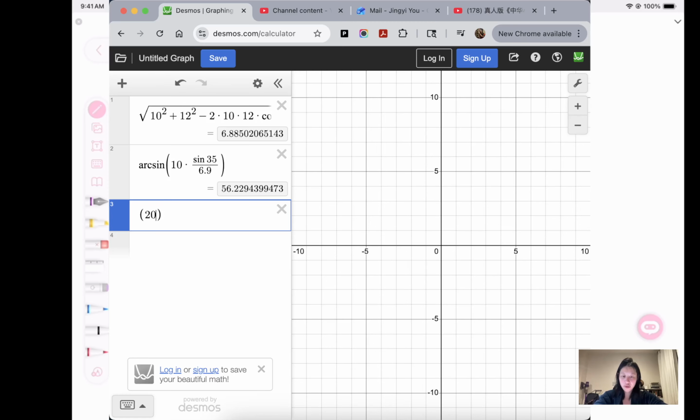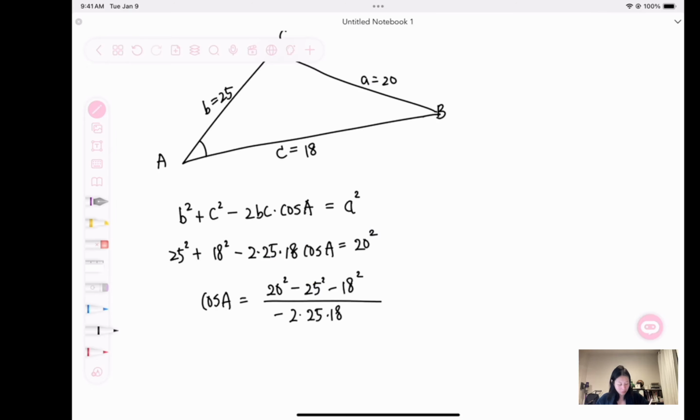Now let's solve this on our GeoGebra. So we have 20 squared minus 25 squared minus 18 squared, and then divided by negative 2 times 25 times 18. Forgot the 2, which is 0.61. Okay, write it down in here: cosine A is equal to 0.61.